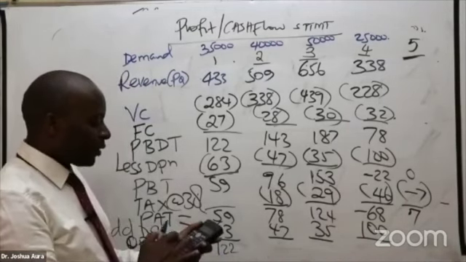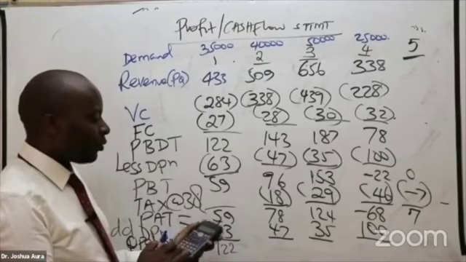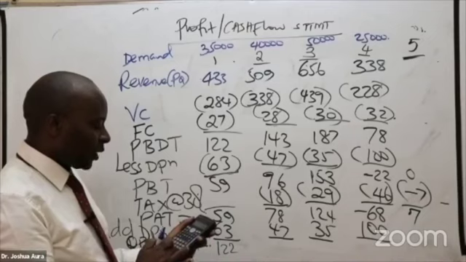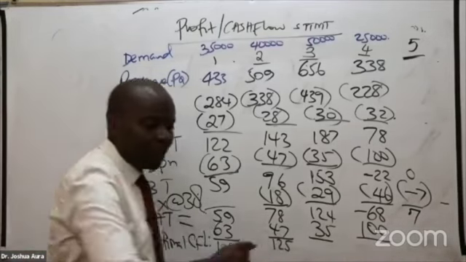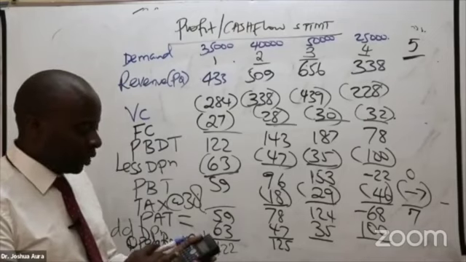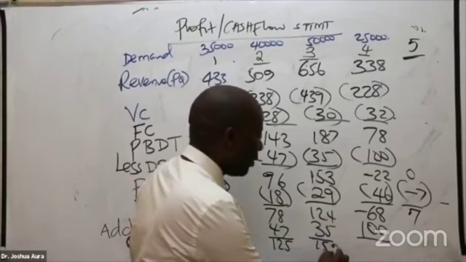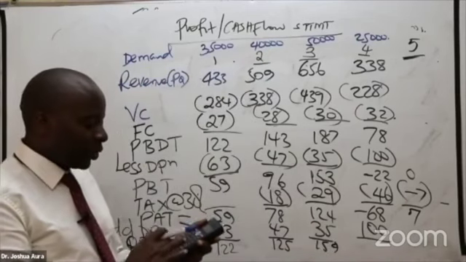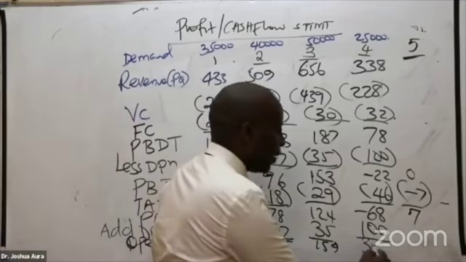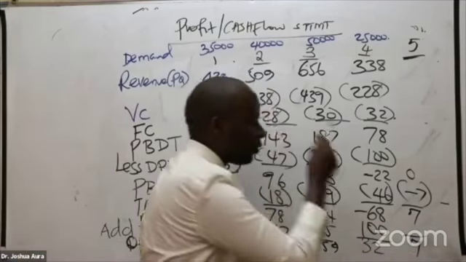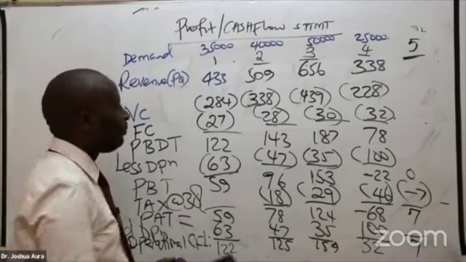From there, we have 78 plus 47, that gives us 125. And then we have 124 plus 35, which will give us 159. And then we have here minus 68 plus 100, which will end up giving us 32. And then when you add this, of course, you'll end up getting 7.